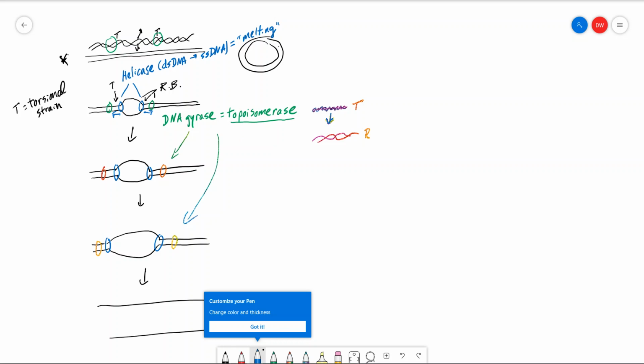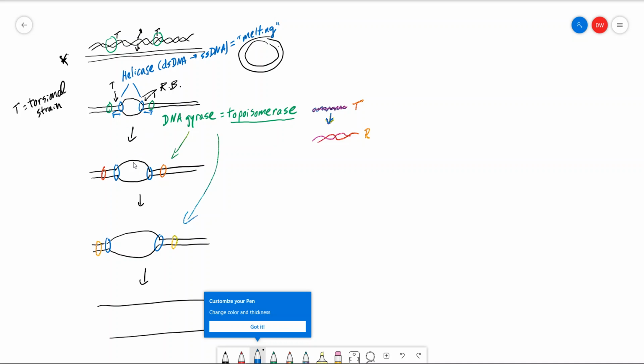All right, so now we have one more thing that we need to mention before we get into the actual replication part, the addition of new DNA nucleotides. When the helicase melts the DNA and turns it into single strands, and then moves along like you see between the first bubble and the second bubble, notice what is keeping the DNA melted.